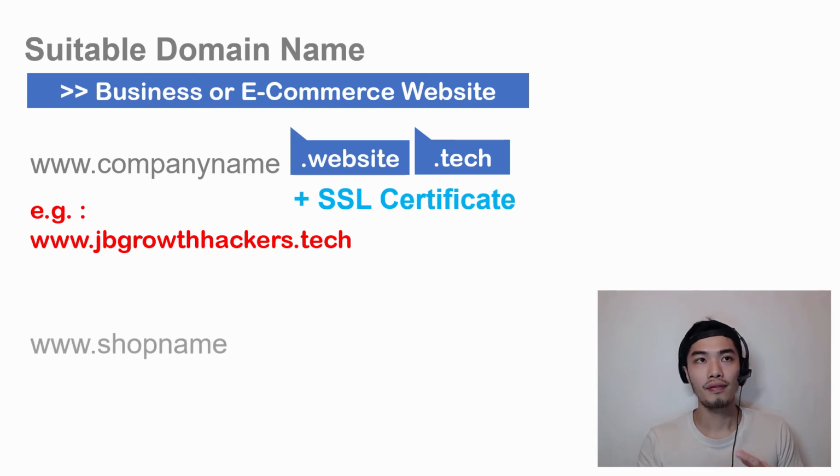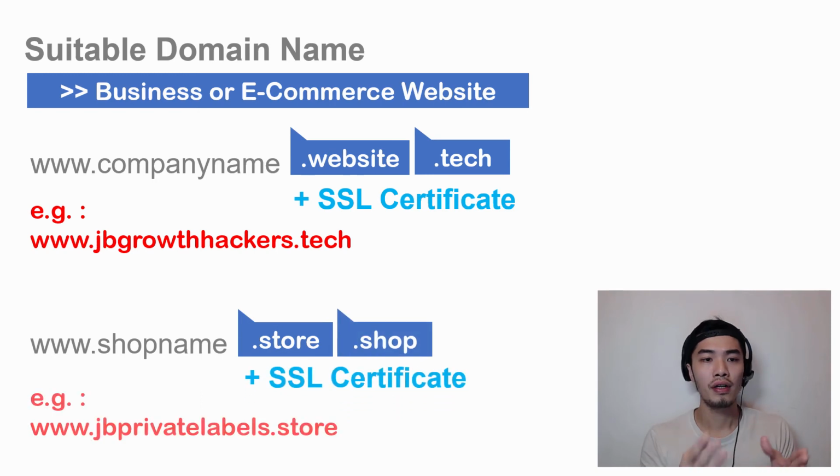Or if you have an online store, you can put the shop name. The best way is .store or .shop. These two generic top-level domain names are pretty cheap and very good because the extension simply tells you that this website is an online store or online shop. Again, you need to put in an SSL certificate.